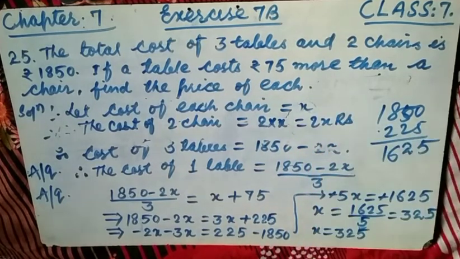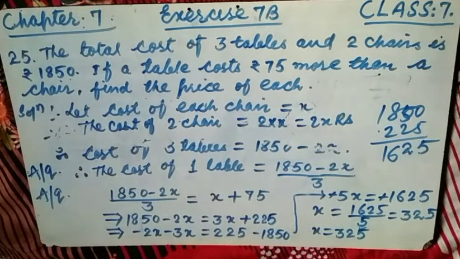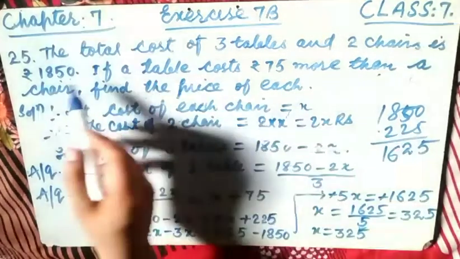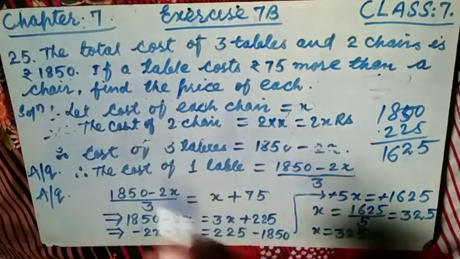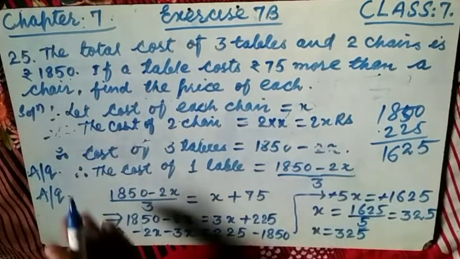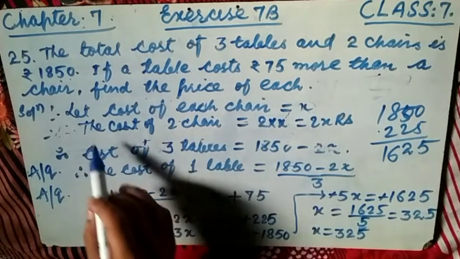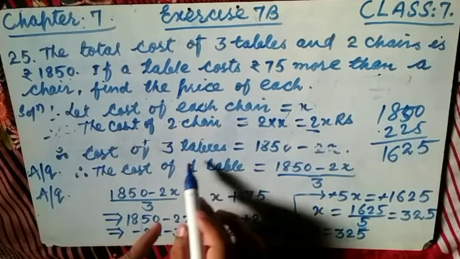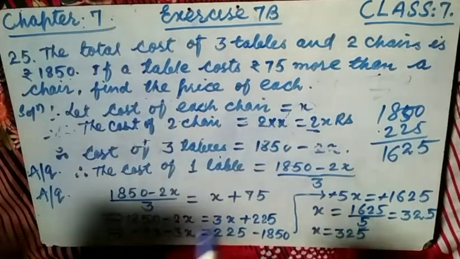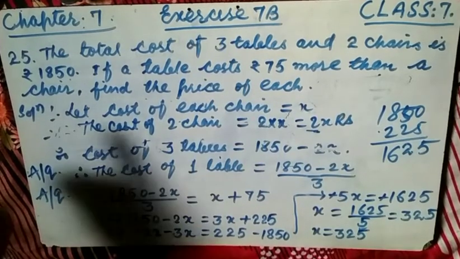Now this amount 1,850 includes the total chairs cost and the total table cost as well. If we remove the chairs cost from this amount, then we will get the tables cost. See friends, the cost of 2 chairs is 2X rupees, and the total cost including chairs and tables is 1,850.